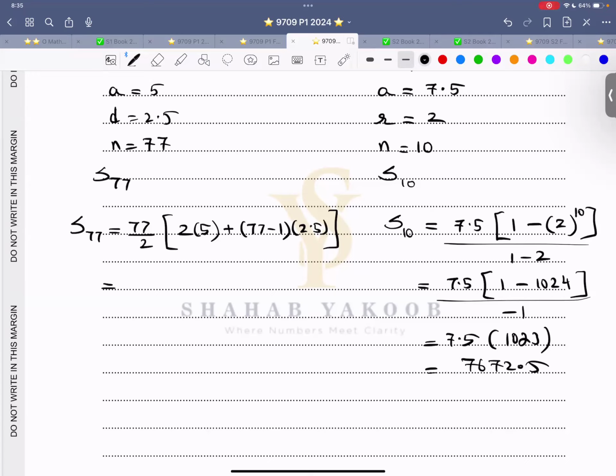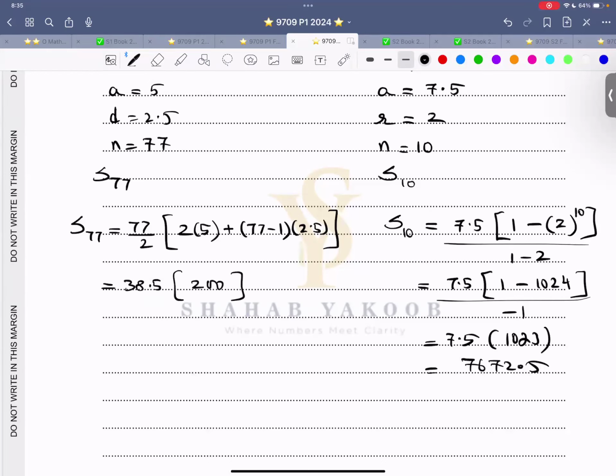And if I evaluate this thing over here, this thing is 77 over 2. That is 77 divided by 2, that is 38.5. And 77 minus 1 is 76. So 76 into 2.5, that is 190. 190 plus 10, that is 200.